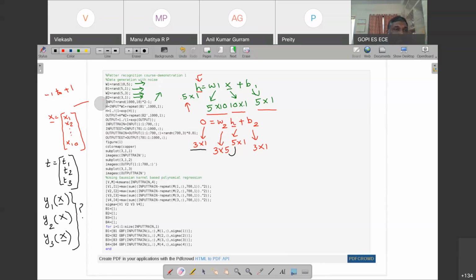So you can see that we are generating this data here, and remember that we have one more step in the middle to make it a non-linear relationship, because otherwise it's totally a linear relationship. So what we do at this stage is use what is called the sigmoidal function, 1 by 1 plus e power minus h.